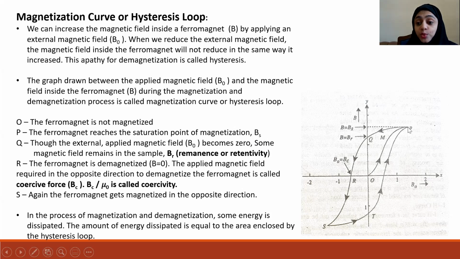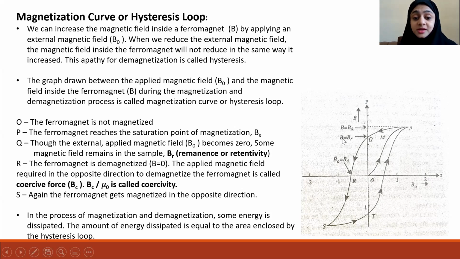What happens is, when we try to reduce the applied magnetic field, or when we try to demagnetize the ferromagnet, the material loses its magnetism slightly and goes along the path PQ. See, at Q, the applied magnetic field B naught is 0, but there still exists some magnetic field within the material of the ferromagnet, Br.